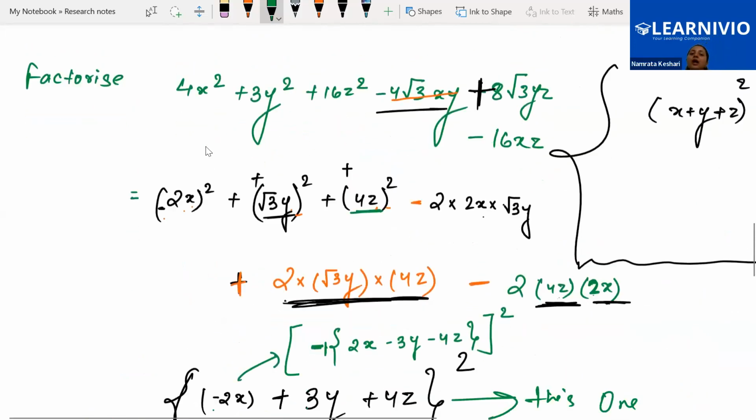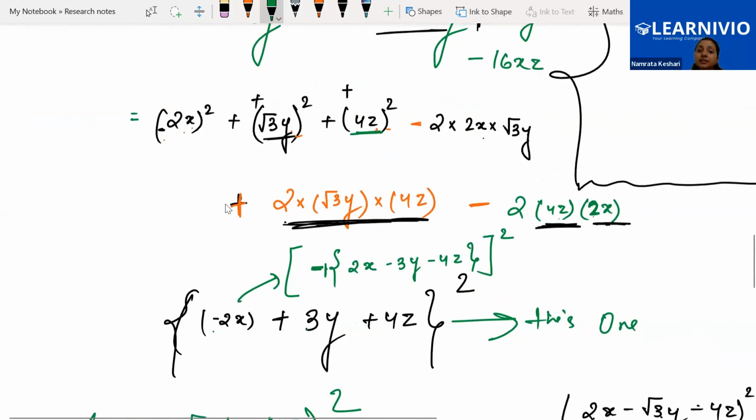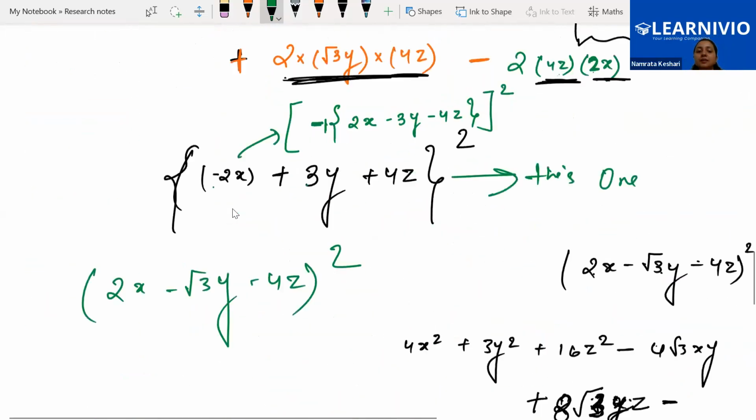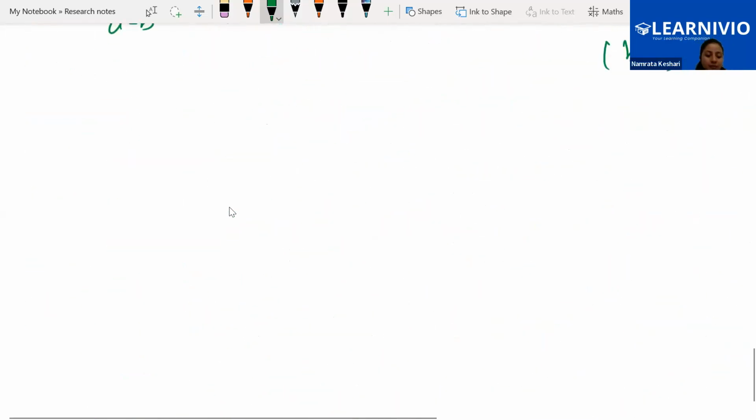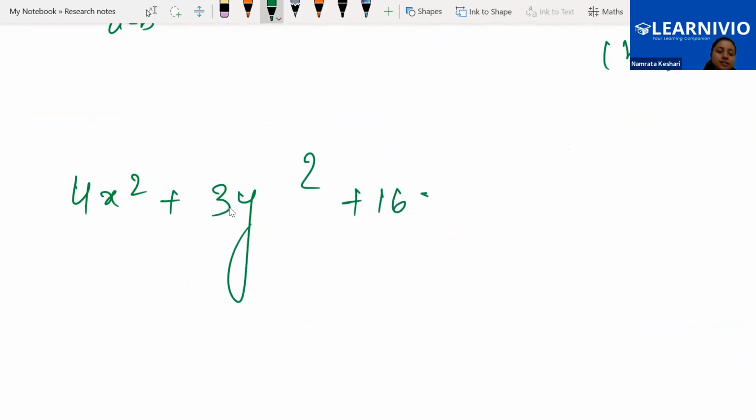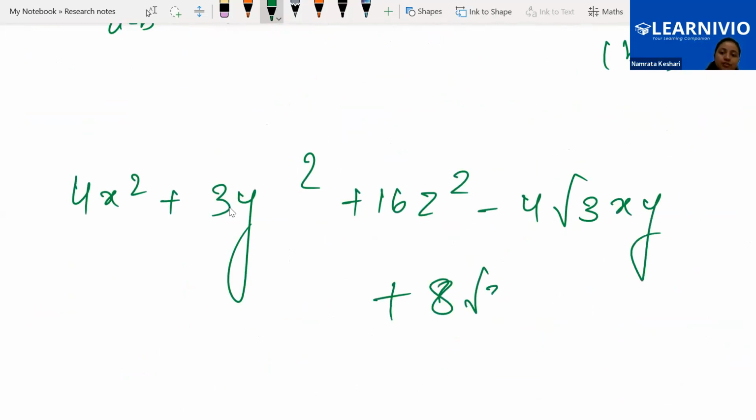First, the easiest way I would suggest: we have 4x square. Let me write it quickly and summarize everything. We have 4x², 3y², 16z², minus 4 root 3 xy, plus 8 root 3 yz, and minus 16 xz.